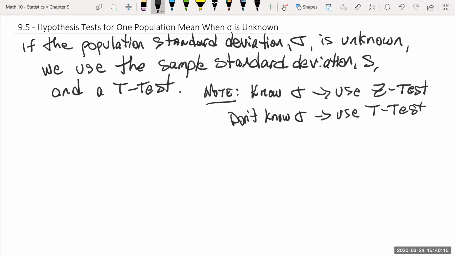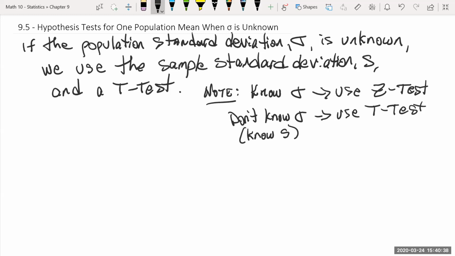Now notice we're saying we don't know sigma, but we do know the sample standard deviation S. So don't think just because they tell us a standard deviation that it's a z-test. If they're telling us the sample standard deviation, it's a t-test. All right, that's the only difference between last section and this section.